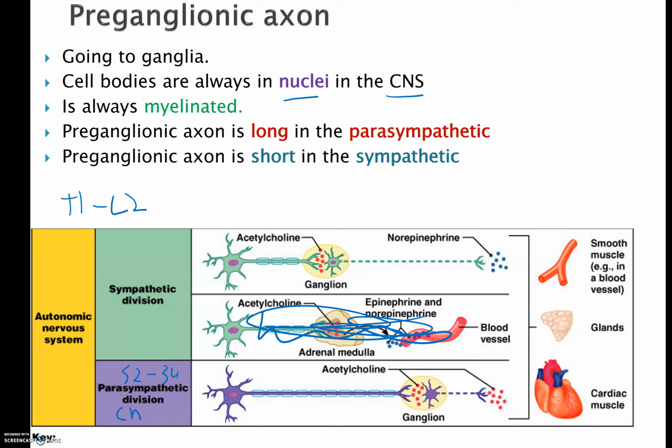Now, if you look at both of these pictures, we have myelin in the preganglionic axon. So if I ask you, is the preganglionic axon myelinated or not? The answer is, it is myelinated.